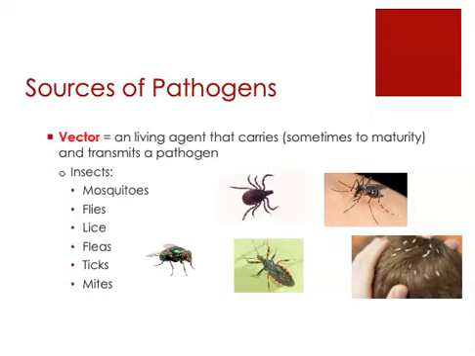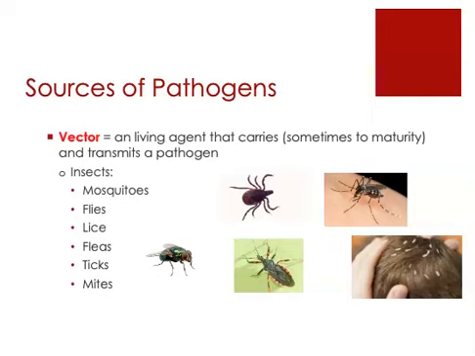What I mean by helping to maturity is that some pathogens that are carried along in vectors are in an immature stage and they need to mature, to grow up before they become infective. So the vector is almost like an incubator for the pathogen in those instances.